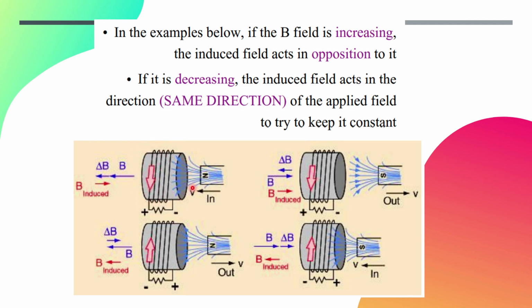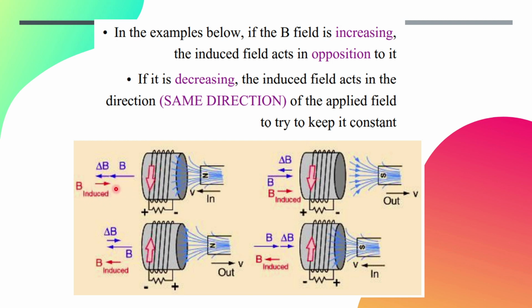This solenoid will try to keep its magnetic flux inside the coil constant. It will try to maintain its initial condition. They try to keep it constant. Therefore, there is an induced magnetic field in the opposite direction.